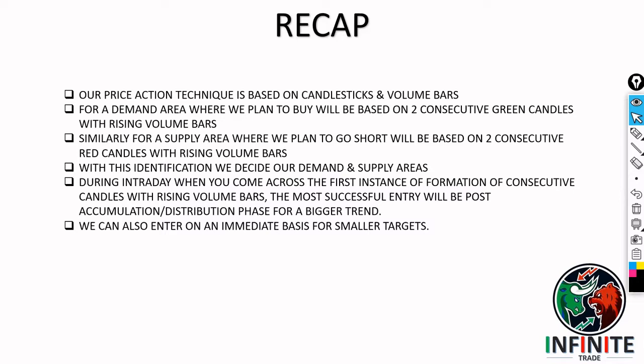And similarly, for a supply area or a resistance where we ideally plan to go short, it will be based on 2 consecutive red candles with rising volume bars. With this identification, we decide our demand and supply areas.